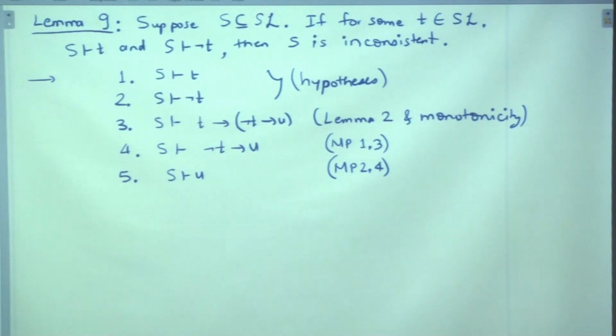Yeah, so you have T and negation T as hypothesis, and I just changed the letter here, like you start with U as your new formula and then you would like to prove S proves U, again use lemma 2 and monotonicity and modus ponens, that gives you the complete proof. Now after a small break we will return for looking at the proof of the soundness theorem.